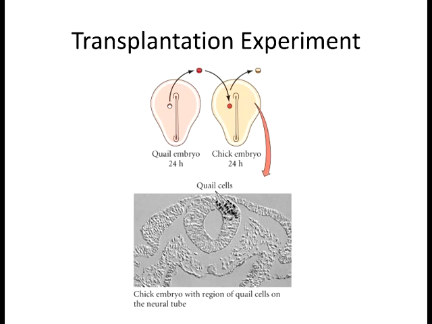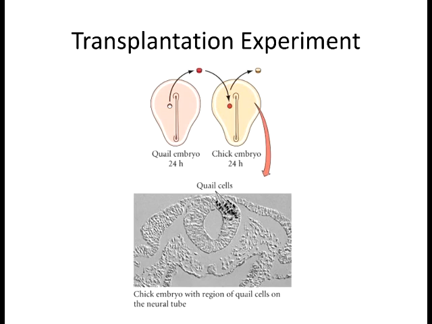Remember, when we do a fate map and we want to do a permanent marking of the cells to follow them, such as the quail and the chicken embryos, they're so similar that the quail cells behave just like chicken cells for a long time, and then we can use quail genetic markers to find where those cells end up.